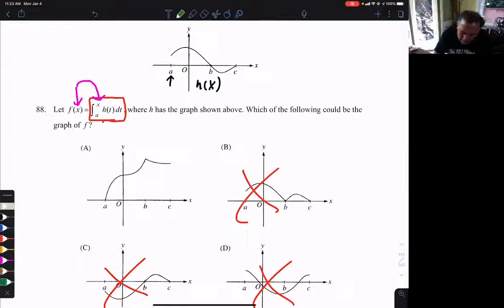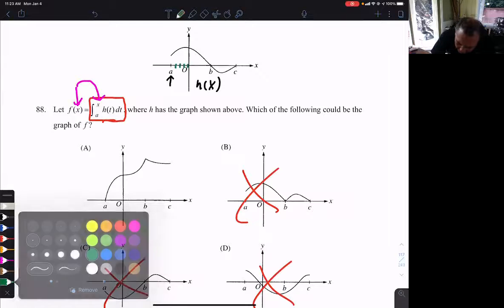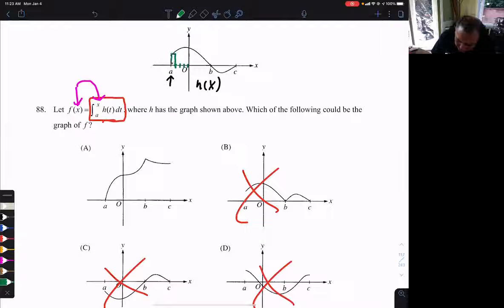So as I pick different values and I move across to the right, the area of the region is going to keep getting bigger and bigger. So let's look at the areas of these chunks. So that's approximate area. That's bigger area. That's bigger. That's bigger. So as I move across, I keep adding bigger and bigger chunks.